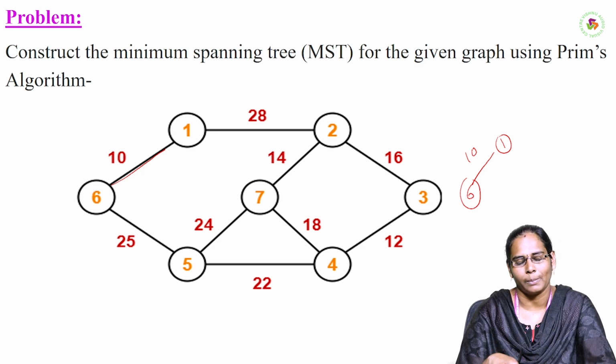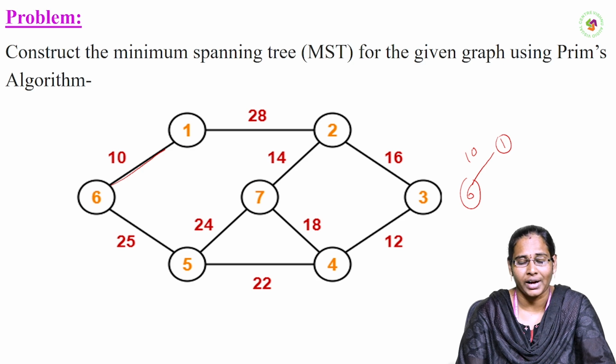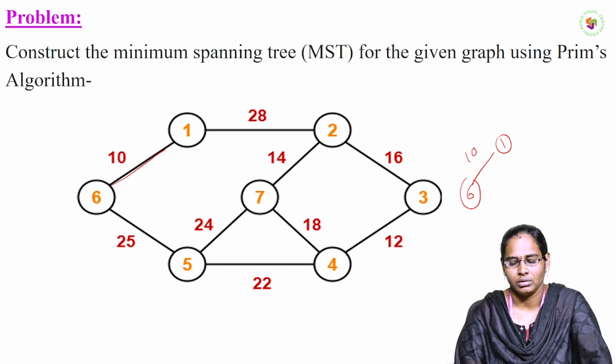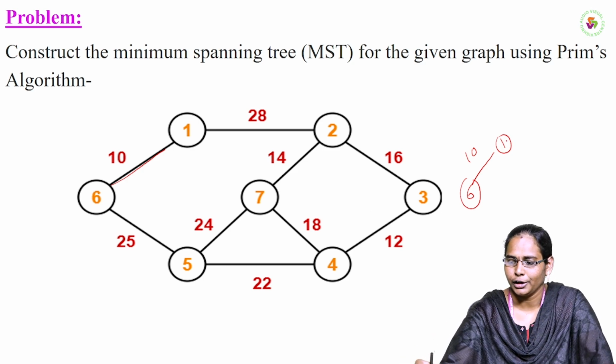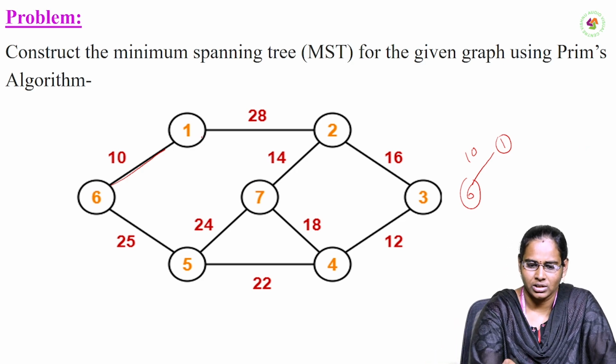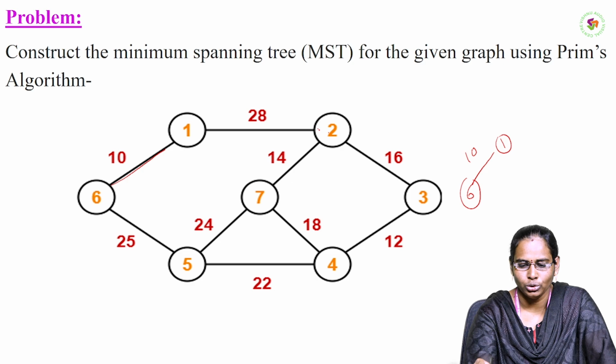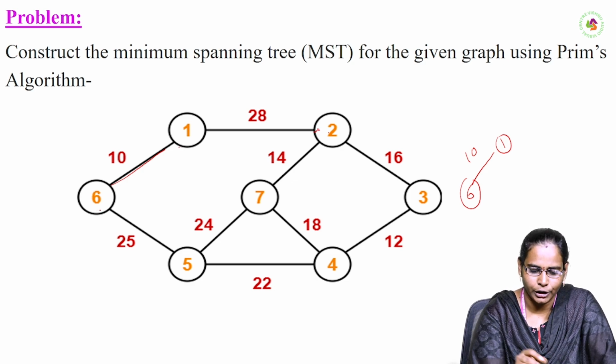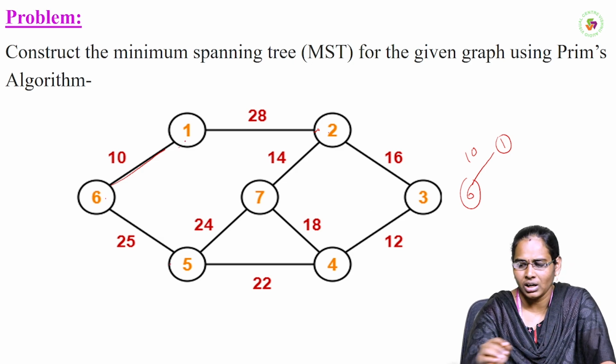Now we are moving to step 2. What is step 2? Step 2 means we have to find all the edges which are connected to these vertices. Here we have only vertices 1 and 6. So you have to find which edges are connected to 1, 1 to 2 and 1 to 6, and which edges are connected to 6, 6 to 5 and 6 to 1. Already 6 and 1 are connected.